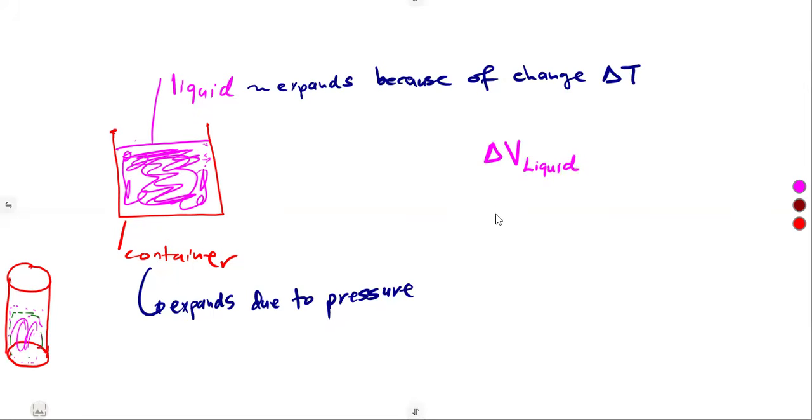There is a change in volume which affects the container. Guys, we must be very careful there. Very, very careful. A change in volume for the liquid, for the container, due to pressure for the container, due to the change in temperature for the liquid.